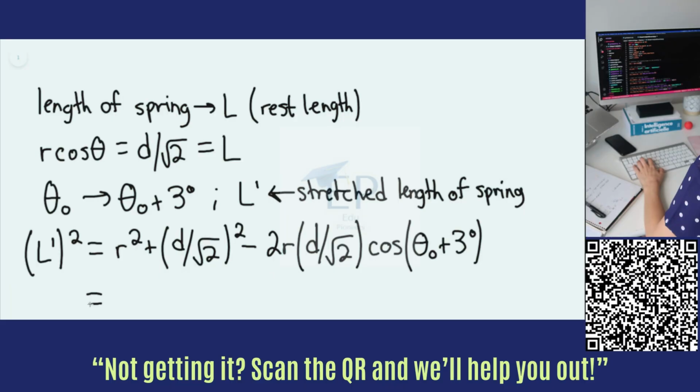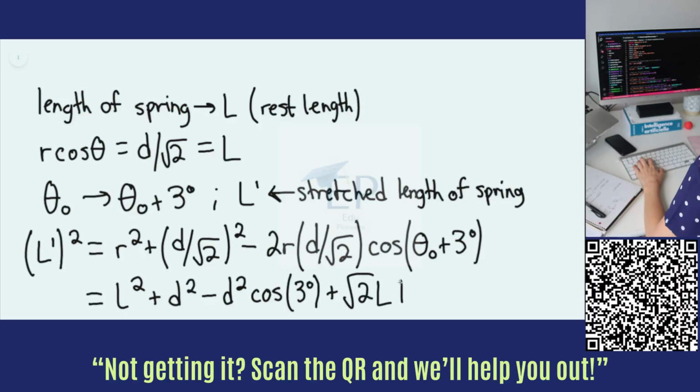This is going to be equal to L squared plus d squared minus d squared cosine of 3 degrees plus radical 2 L d sine of 3 degrees.